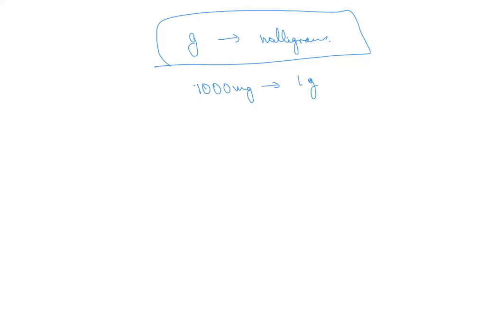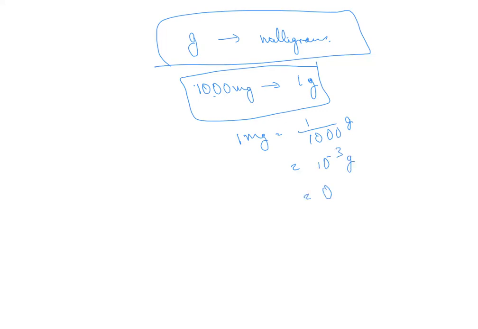Or they might ask another way of writing this. If you say 1 milligram, that means 1 divided by 1,000 grams, which means 10 to the minus 3 grams. This also means 0.001 gram. So you can either say 1,000 milligrams is 1 gram, or 1 milligram is 0.001 gram, which is 10 to the minus 3.